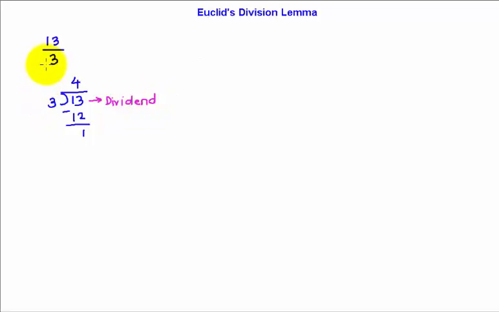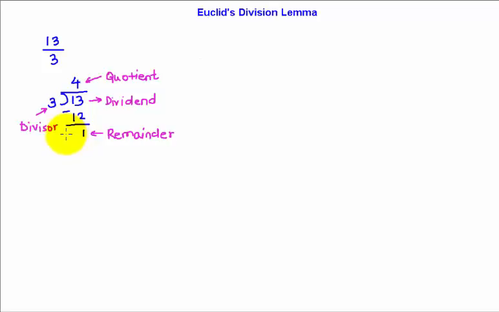Then the number of students, 3, is called the divisor. The number of pencils each student got is called the quotient. And the leftover or remaining pencils are called the remainder. So these are the basic terms used in the division process.